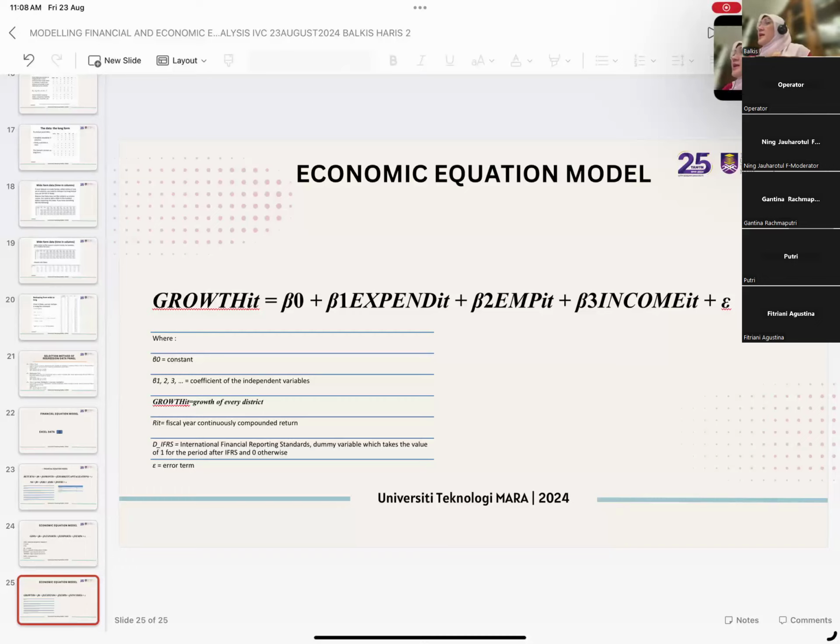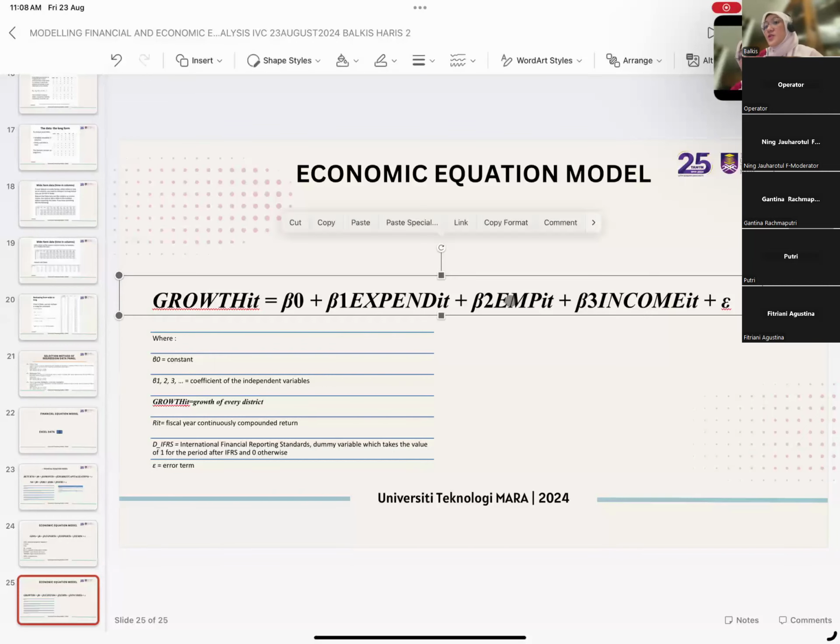And then X1 is expenditure, X2 is the employment rate, and X3 is the income. So here we collect countries data for several years. Normally, this is available for the economic data.